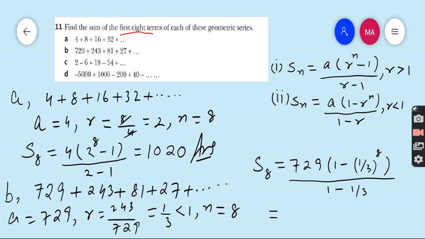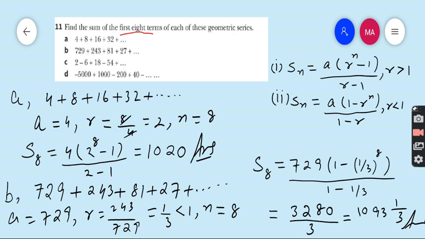The final answer is 3280 upon 3, and you can write this answer as a mixed number, that is 1093 whole 1 upon 3. So this is our final answer.